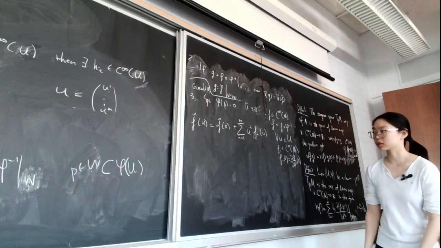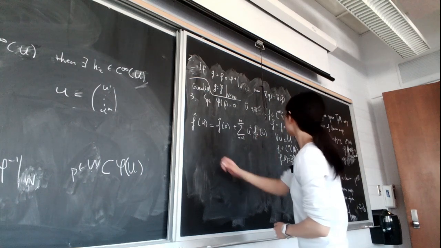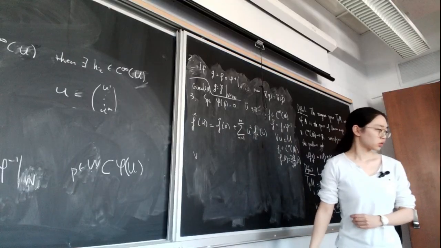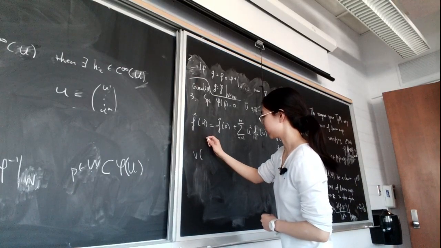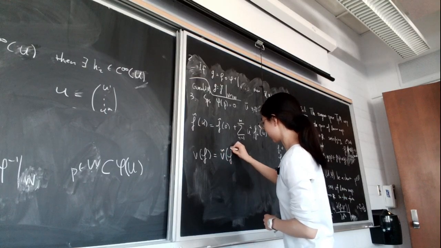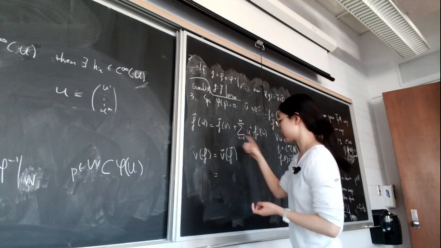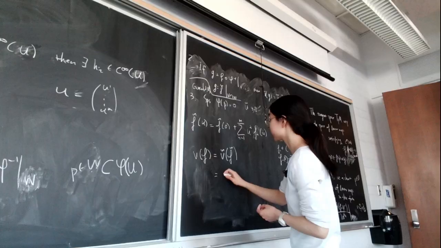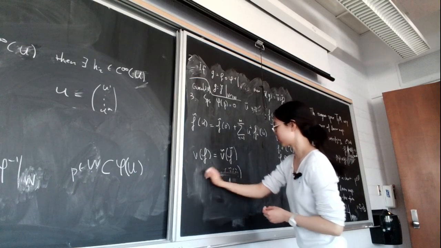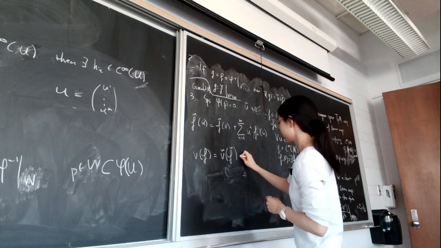And we apply V. Then V of f is equal to V tilde of f tilde. And because it's linear, this is equal to 0. Well, actually, this is a constant, so V applied to this is equal to 0.